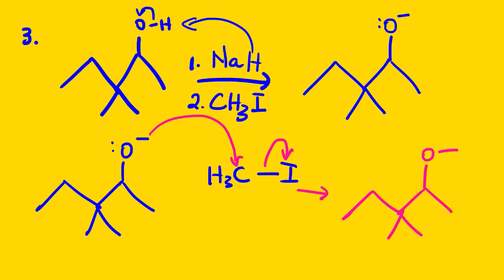And looking at the IUPAC name for this, we just have to go for the lowest number possible. So this will be 1, 2, 3, 4, 5. So the parent chain will be pentane.